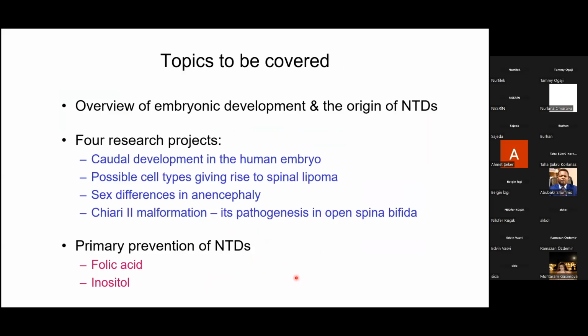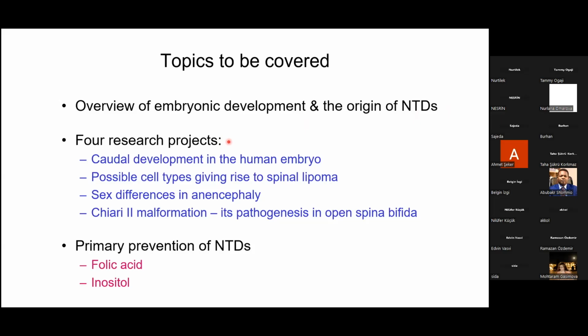So what I'm going to do in this talk is to give you a further overview of embryonic development and where the neural tube defects arise. Then I'm going to talk about research in 4 different projects that are all ongoing in my laboratory at the moment.